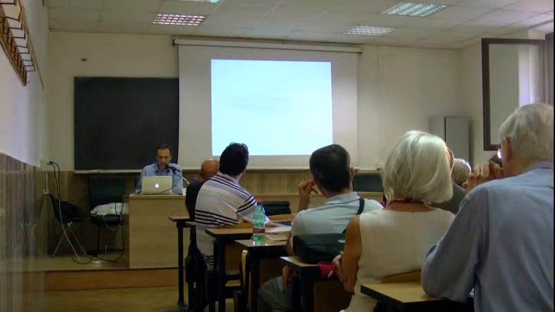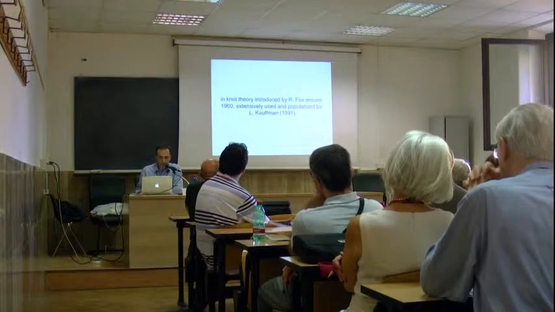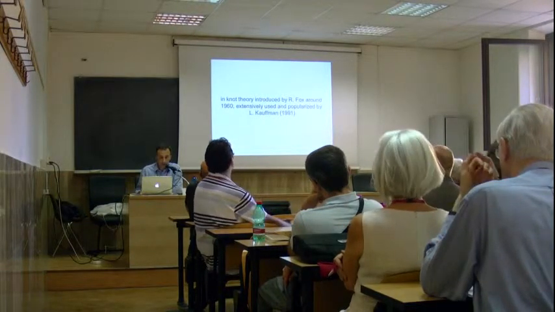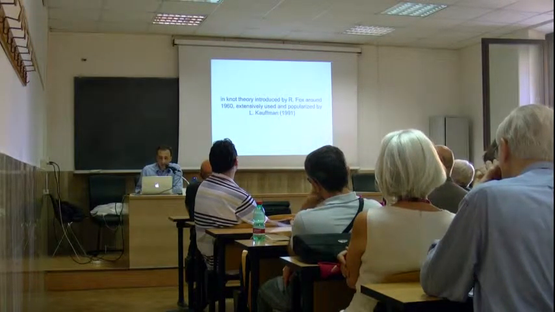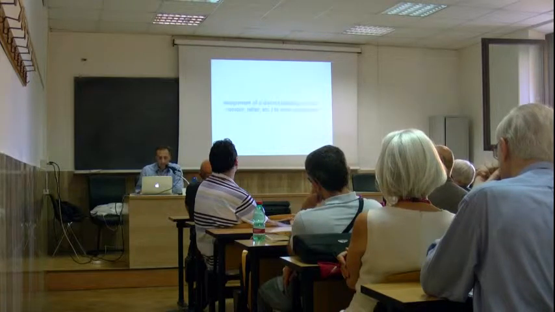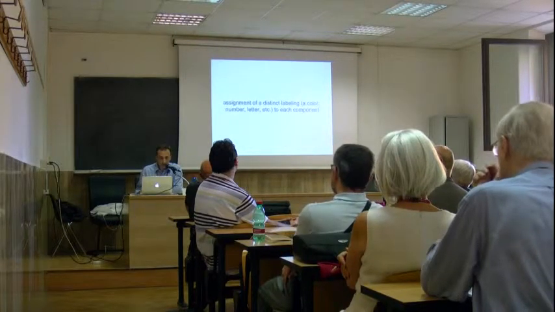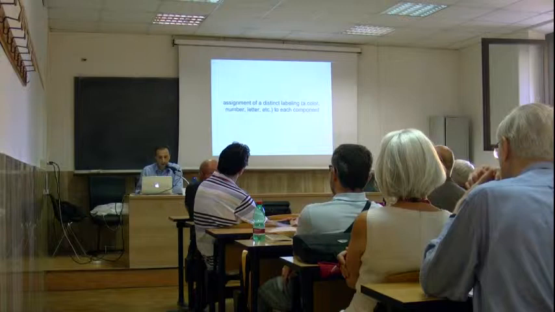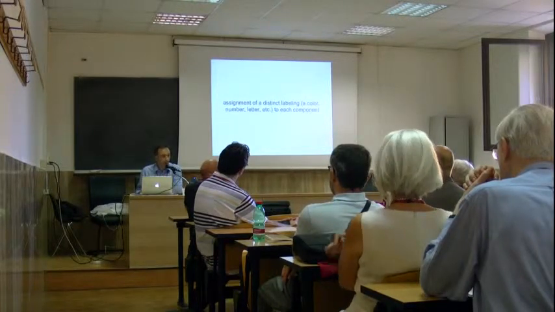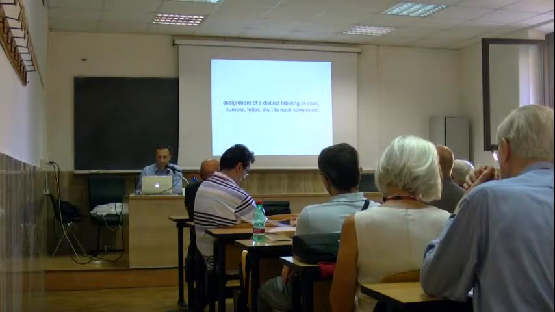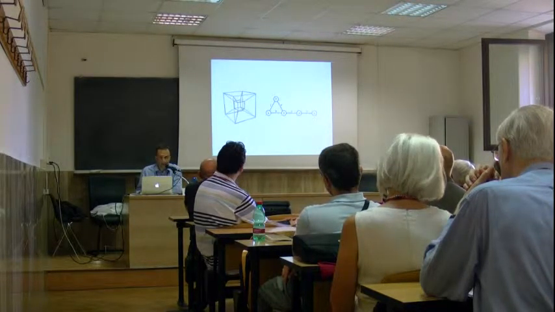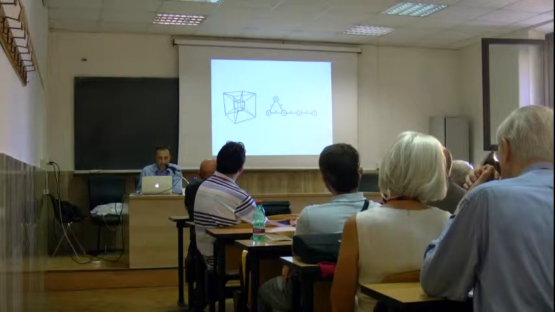And it was introduced in knot theory by Fox around the 60s, and was extensively used and popularized by Kauffman in 1991. What is coloring? Coloring is based on the assignment of distinct labeling, could be a color, a number, a letter, to each component of the entity you are trying to study. Something like this. So you can see colors, numbers, or we don't have a letter here, okay.